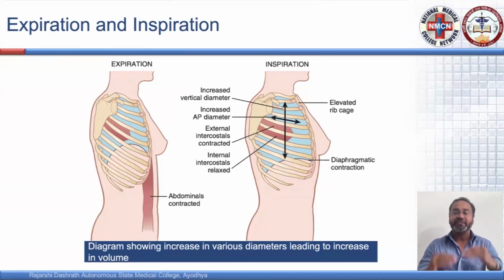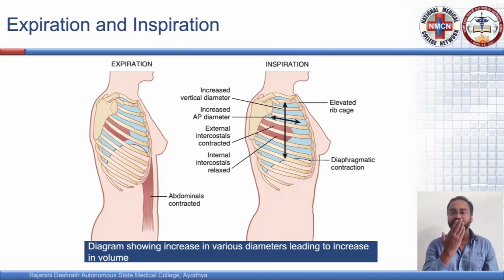Whenever the diaphragm contracts, it goes down around 1 centimeter. So if in resting state the diaphragm is like this, whenever the phrenic nerve is stimulated, it contracts and goes down around 1 centimeter. Whenever the diaphragm contracts and goes down, the rostral-caudal diameter of the thoracic cavity increases. Please try to understand what is rostral-caudal.